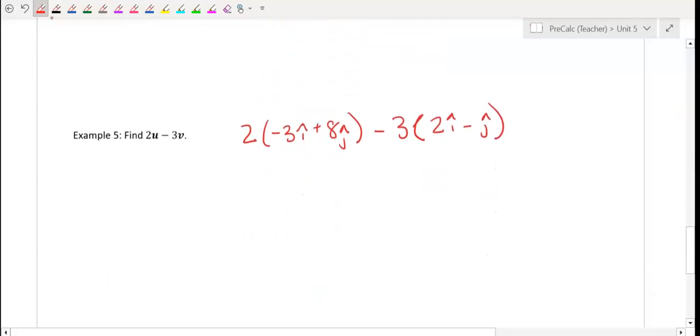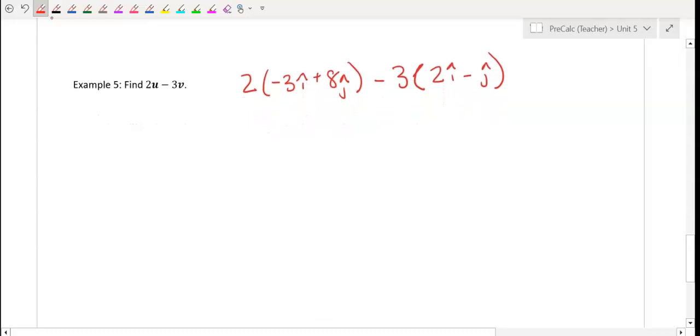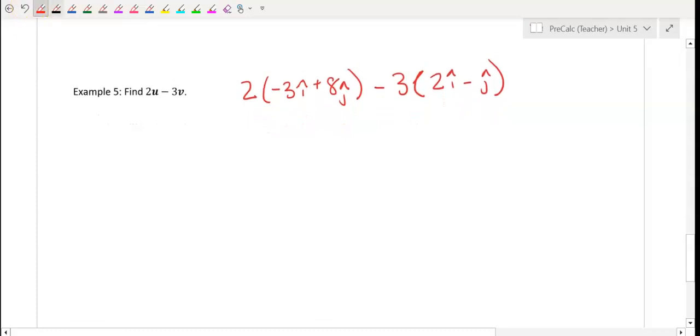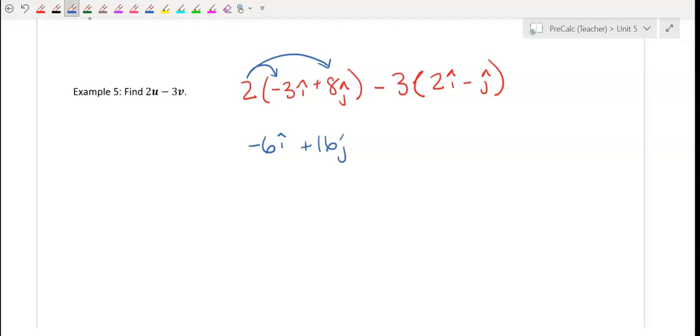So order of operations matters. I have to multiply before I add and subtract. So first thing I'm going to do is distribute my scalar multiple to what I have for my vector right here. This is saying that I have this vector 2 times, so I have negative 6i plus 16j.